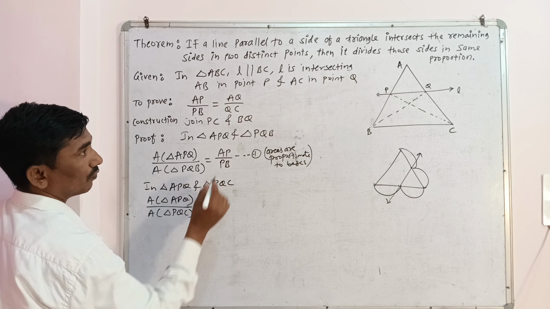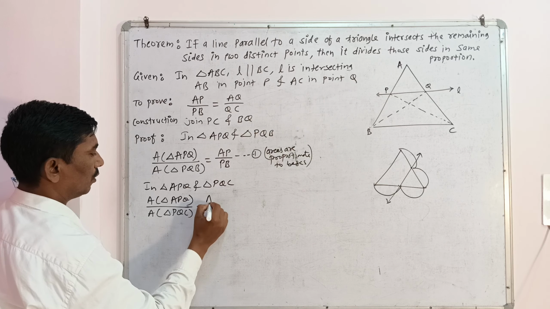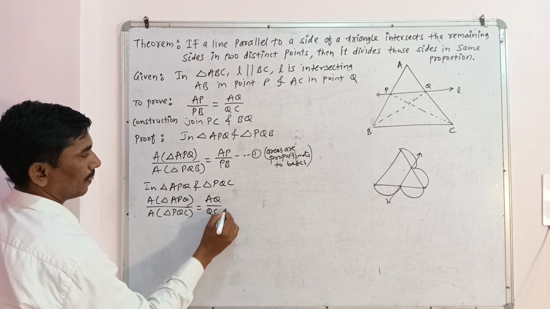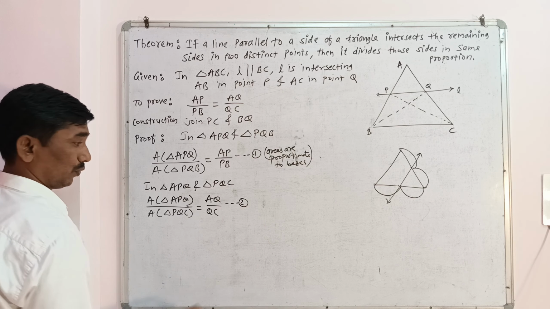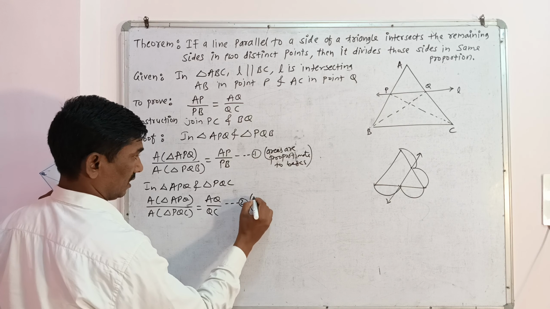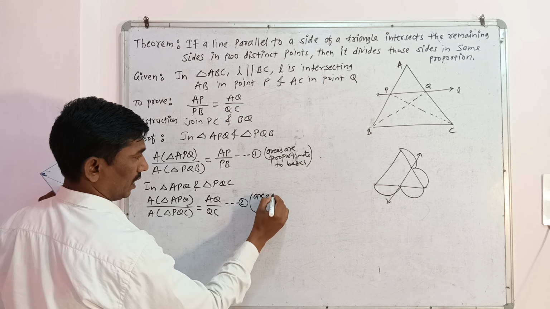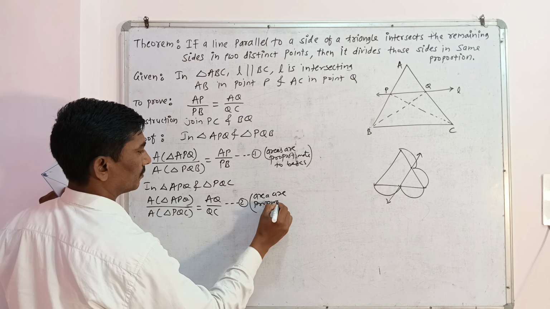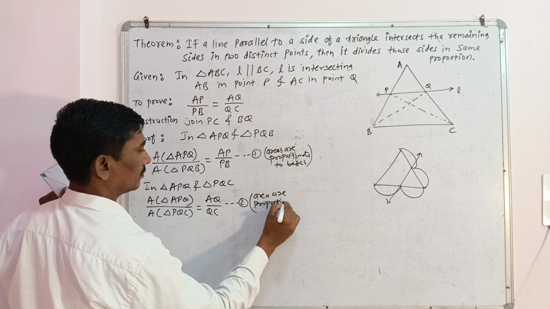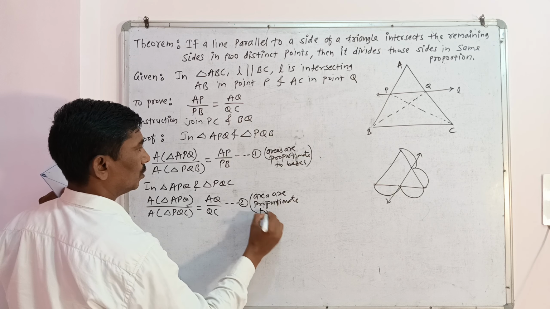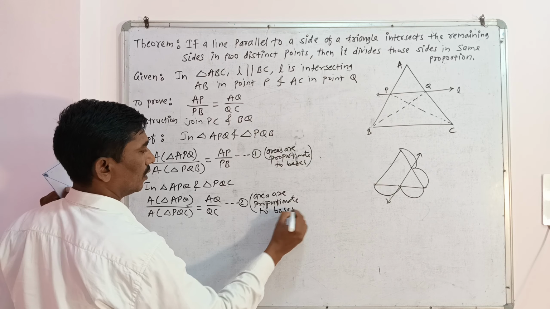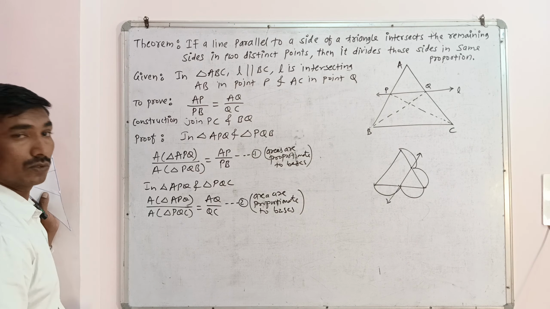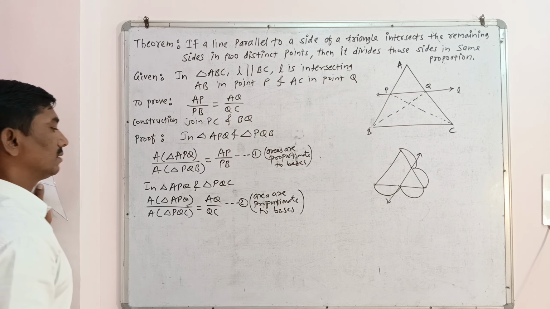So the base of triangle APQ is AQ, and PQC has base QC. So I will give this as equation number 2. And what is the reason? Here also the areas are proportionate to the bases. Why is it so? Because they have the same height. So the heights get cancelled out.